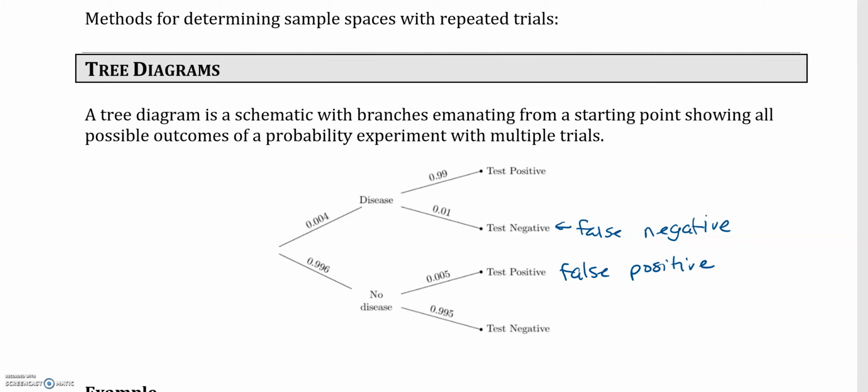In the next set of notes, we'll be looking at how to calculate the probability that one of these 4 events occur. So the 4 events would be you have the disease and you test positive, have the disease and test negative, no disease and test positive, and no disease and test negative. So that's just a bit of a preview into what we'll be doing in the next module.